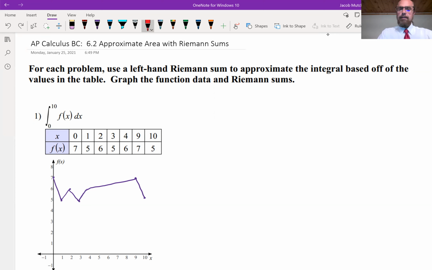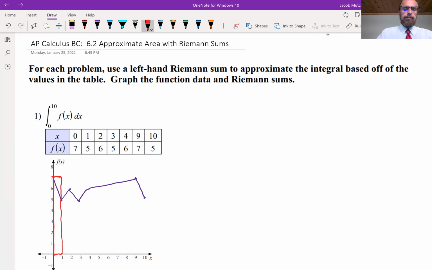If it's saying left-hand, it means that the left-hand corner of the rectangle will need to achieve the function value. So I'll start with my first rectangle. It's got a width of 1, but I want it to have a height of 7 so that its left vertex is there at 7.